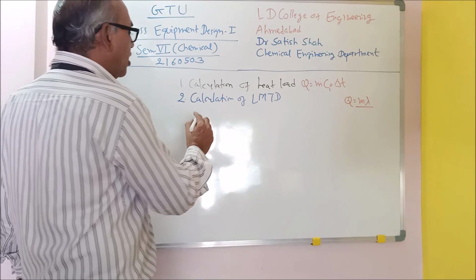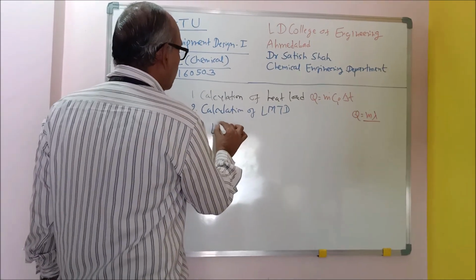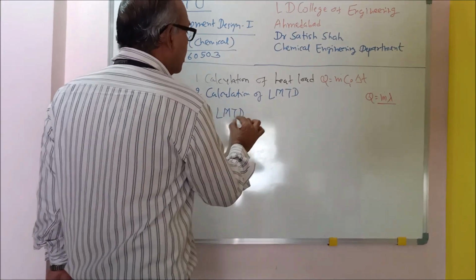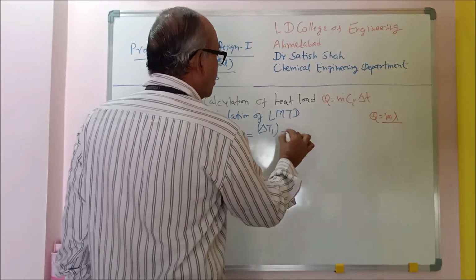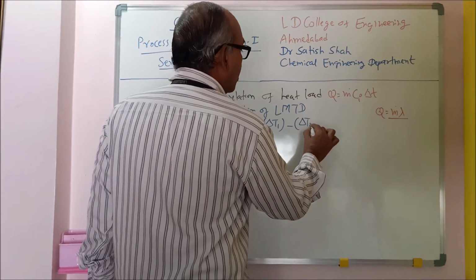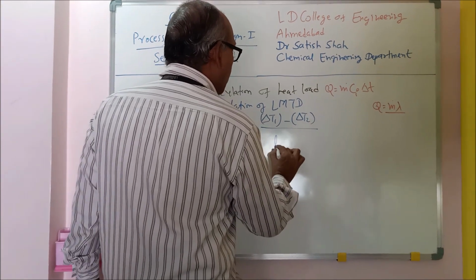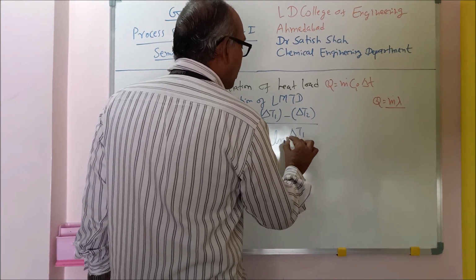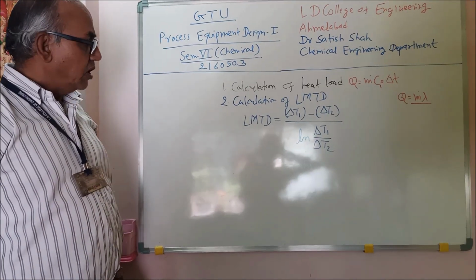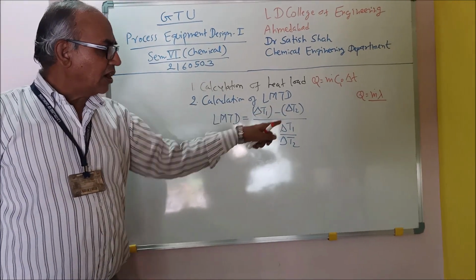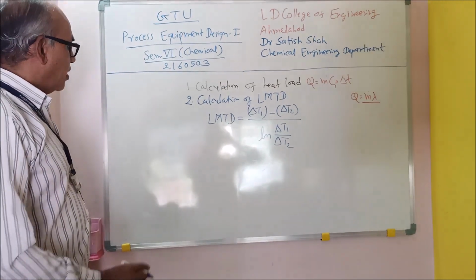So if you want to calculate LMTD, what you have to do? You have to use the formula: LMTD is equal to delta T1 minus delta T2 upon ln of delta T1 upon delta T2. See, this is delta T1 and delta T2, they are the temperature differences.